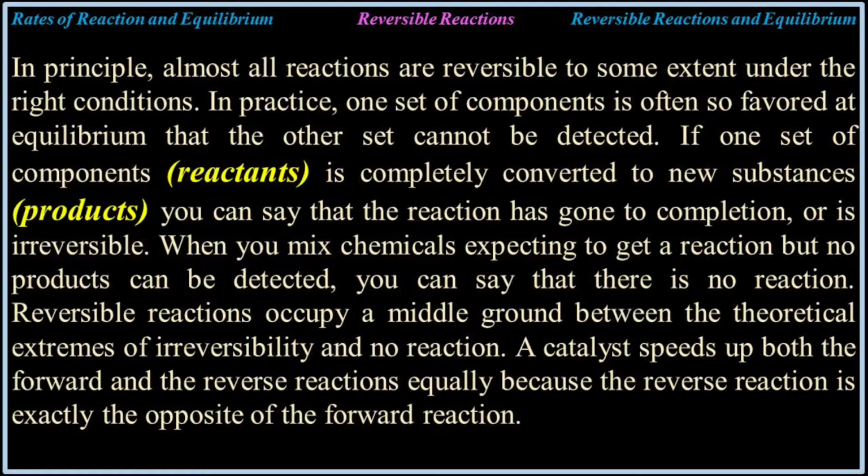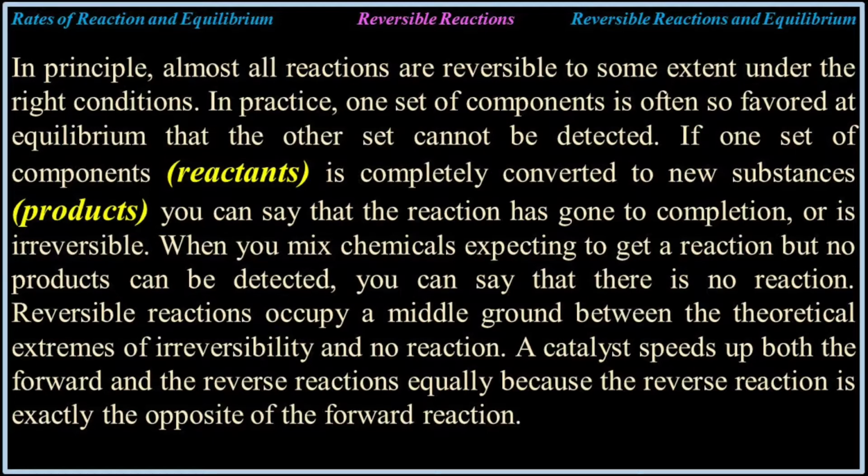When you mix chemicals expecting to get a reaction, but no product can be detected, you can say there is no reaction. Reversible reactions occupy a middle ground between the theoretical extremes of irreversibility and no reaction.